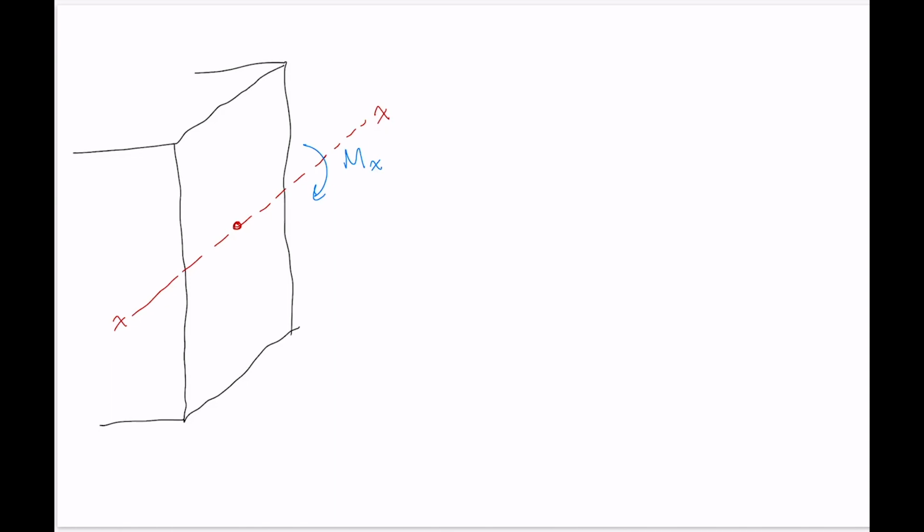All right, so let's look at our bending stress equation, sigma equals My over I, and think about how that's applied when we want to calculate stress at different points in this cross-section. So let's say we have some point 1 that we're interested in, and another point, maybe right here, point 2.